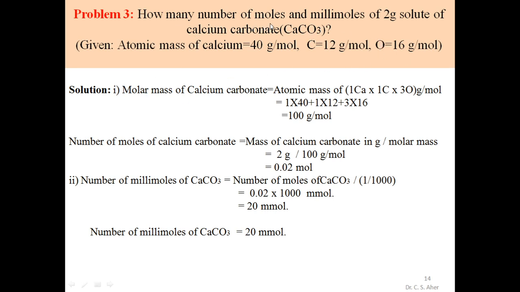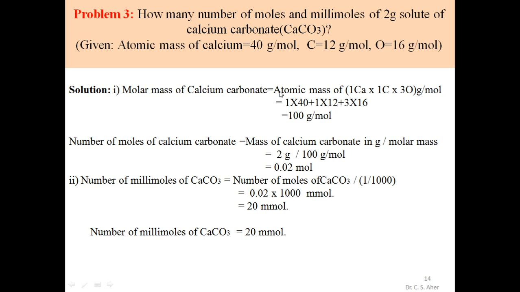So first, the molar mass of calcium carbonate is equal to the atomic masses of 1 calcium, 1 carbon atom and 3 oxygen atoms. We put these masses, calcium 40, carbon 12, oxygen 16, multiply and add, and the final answer is 100 gram per mole.